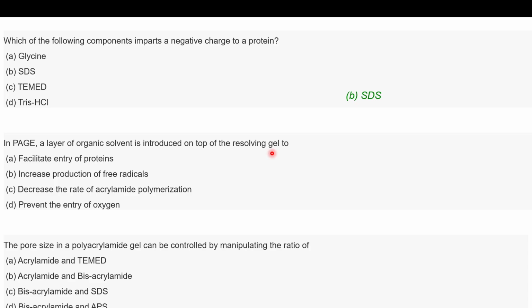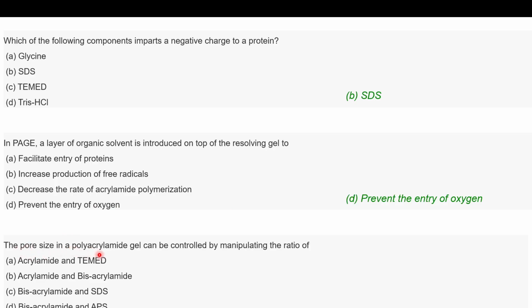We add isopropanol, a layer to cut off the oxygen's interaction, so that polymerization can happen properly. This layer of organic solvent, usually isopropanol or any kind of alcohol, we use to prevent the entry of oxygen.